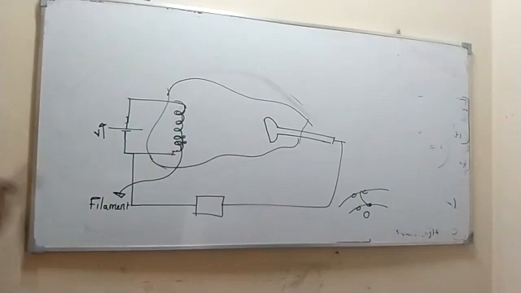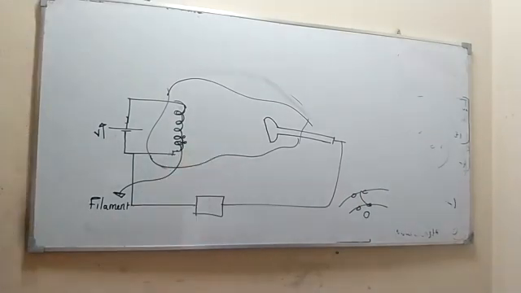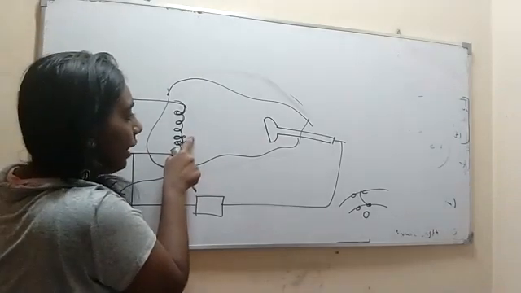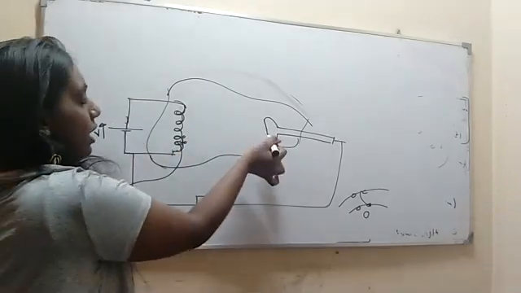Similarly, when we increase the voltage, due to the heating effect, the electrons are removed from this position. Then we have to produce photons, right? So our target is that this electron should go and hit the metal, then only a photon will be released.